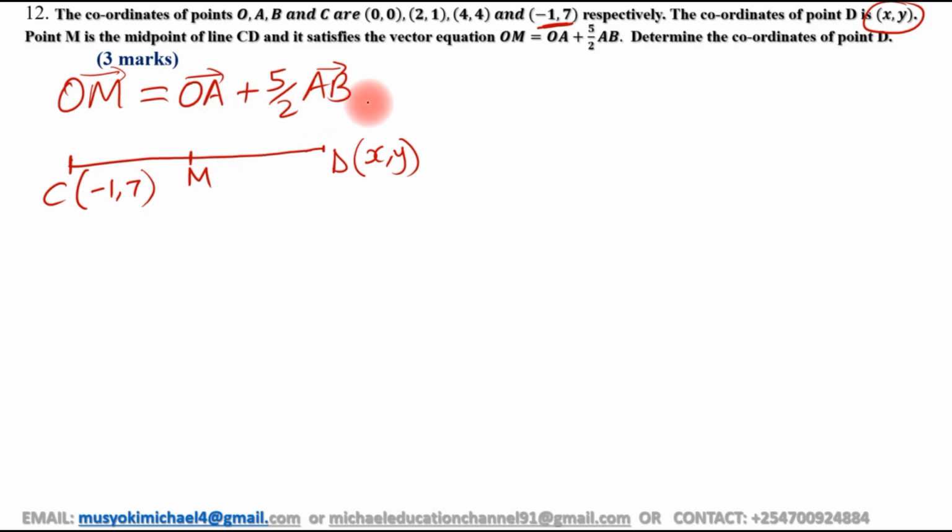But first, we need to get OM, and we also need OA and AB. Those will be very important for us to get.